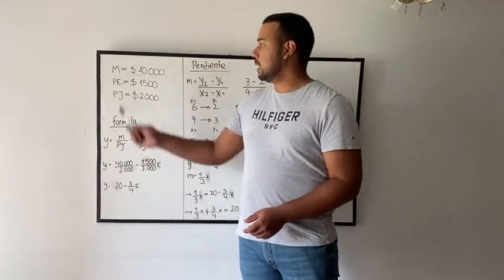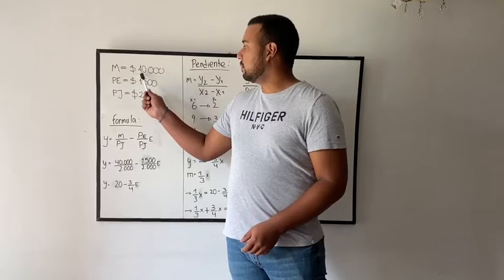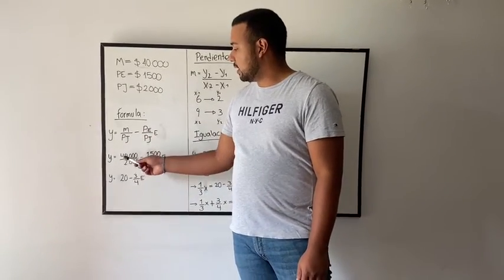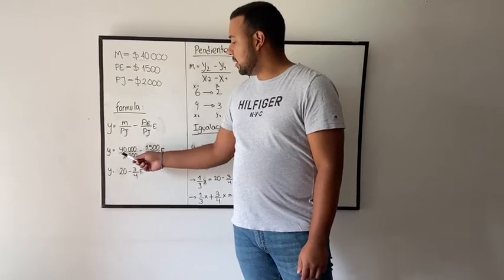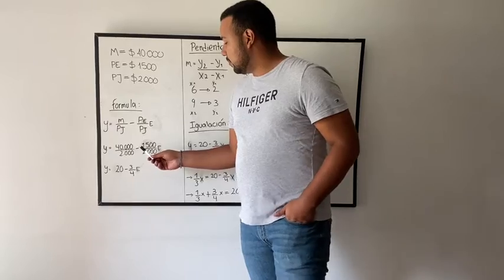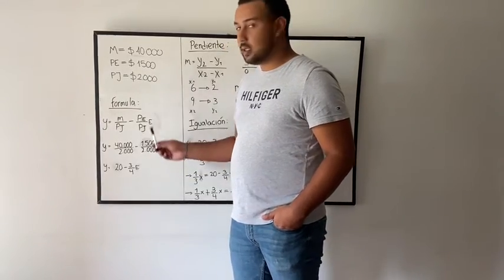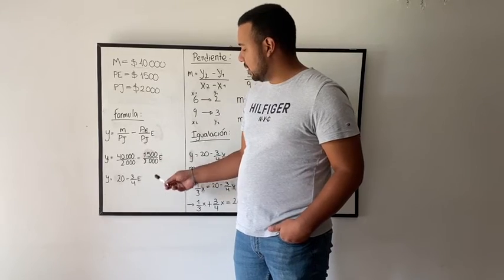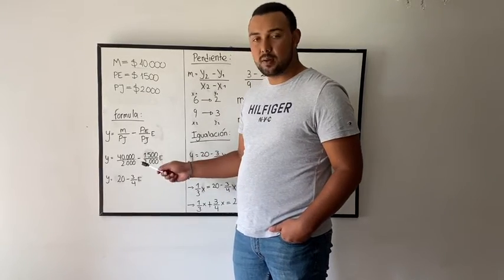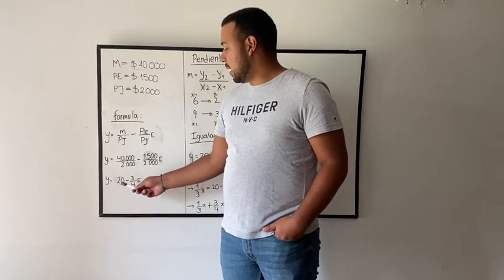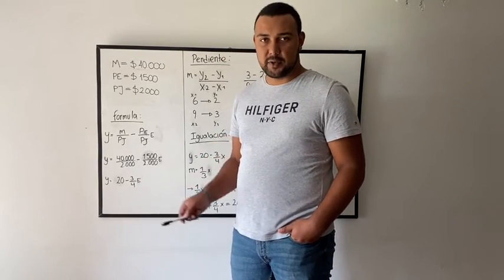So we know that M is the same as 40,000. I'm going to replace this M with 40,000 divided by PJ, that is 2,000, minus PE, that is 1,500, divided by PJ, that is 2,000. Okay, the result of that is 20 minus 3 divided by 4.